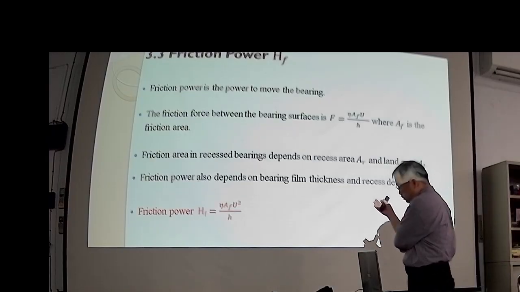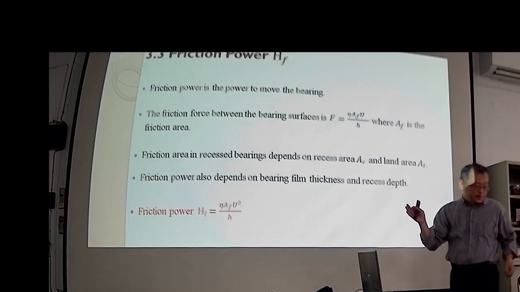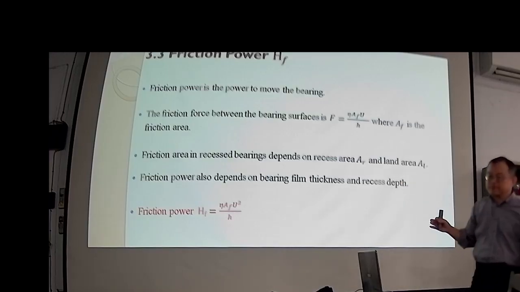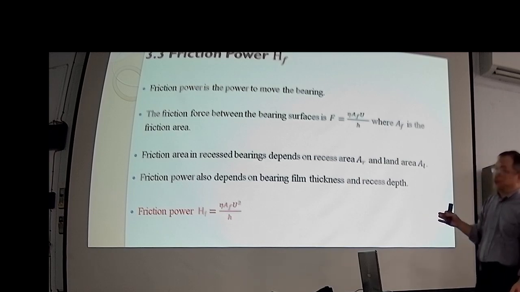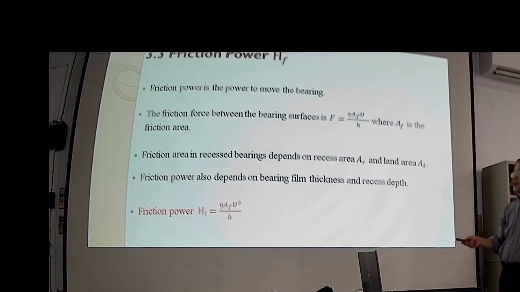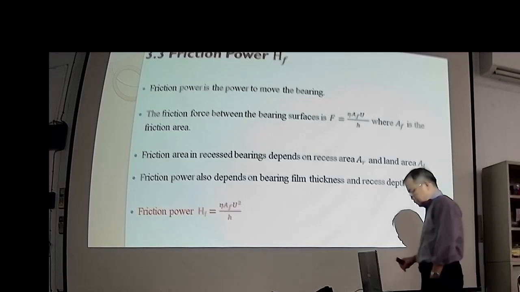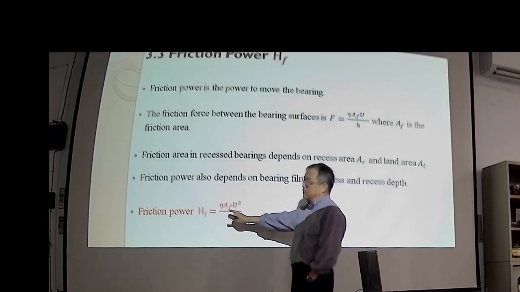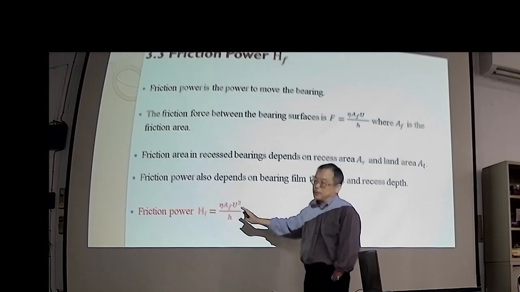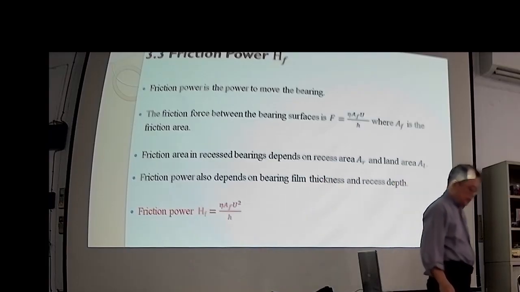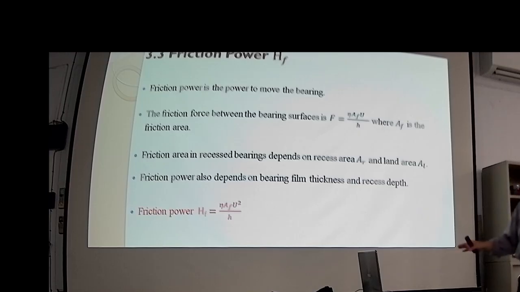Similarly, if you have more than one bearing pad, the friction power for each individual pad should be added together. If your machine tool system has three hydrostatic bearing pads, you need to calculate the individual friction power for each pad, and then sum it together over these three pads. So you have a total friction power for the hydrostatic bearing surface.